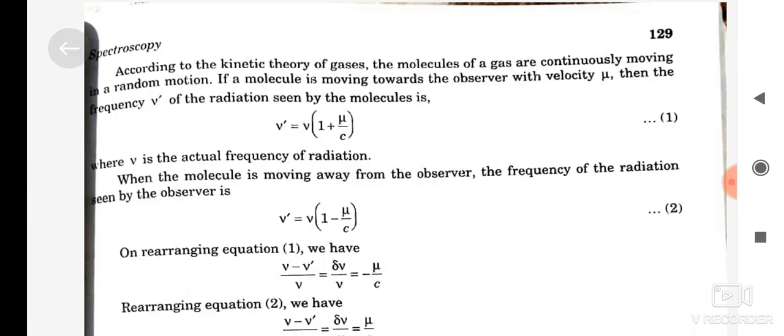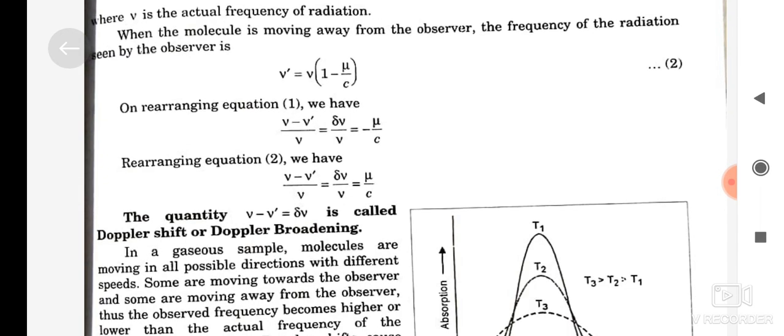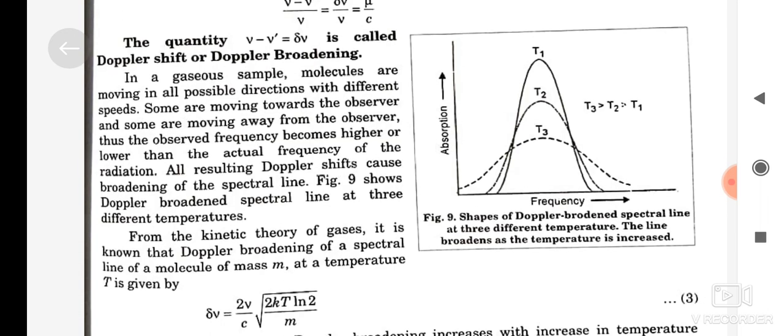On rearranging equation first, we have v minus v dash upon v equal to minus u upon c. Rearranging equation second, we have v minus v dash upon v equal to u upon c. The quantity v minus v dash, equal to del v, is called the Doppler shift or the Doppler broadening.